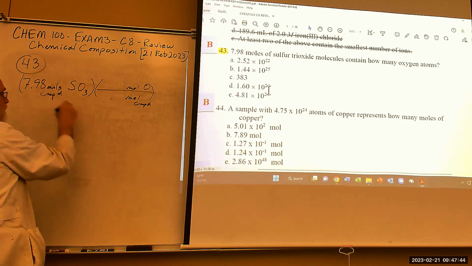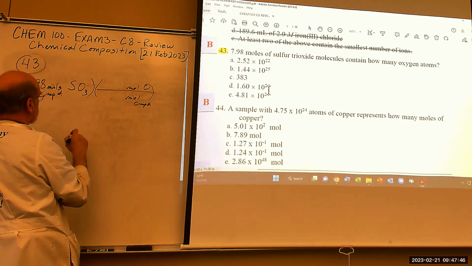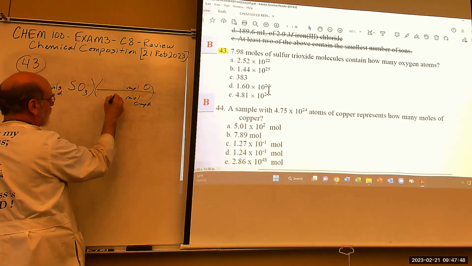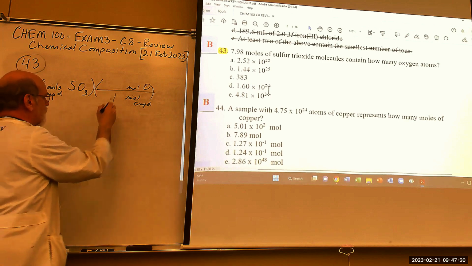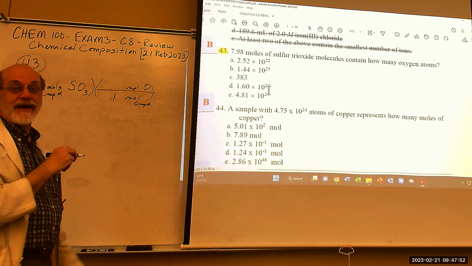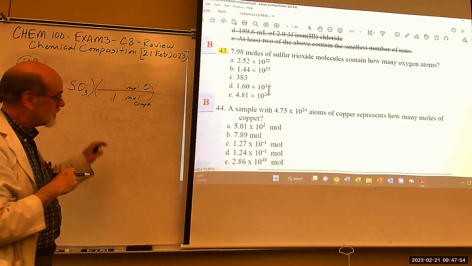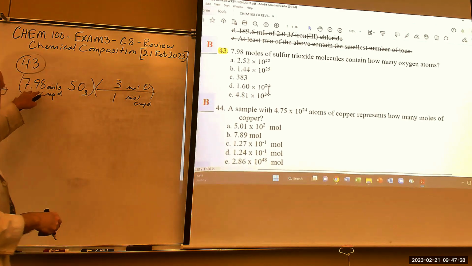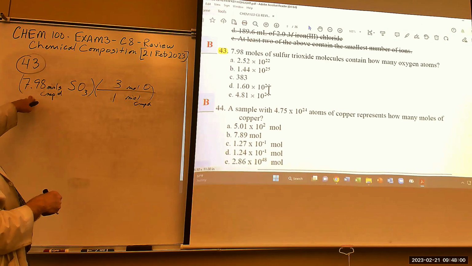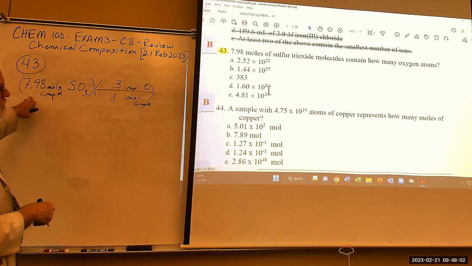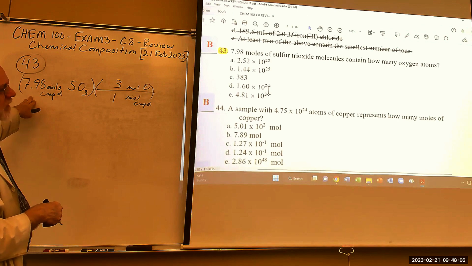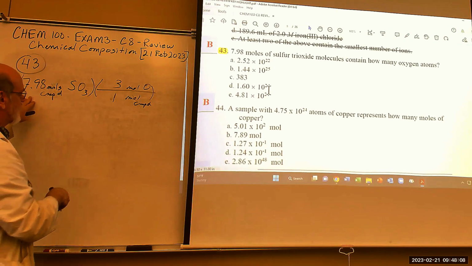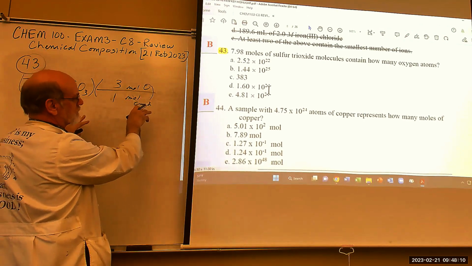You can cancel this one, leaves moles of oxygen. For every 1 mole of compound, how many moles of oxygen do you have? For trioxide, for every one of these, you have 3 oxygens. So 3 times 8, it's about 24 moles. This is moles of oxygen.